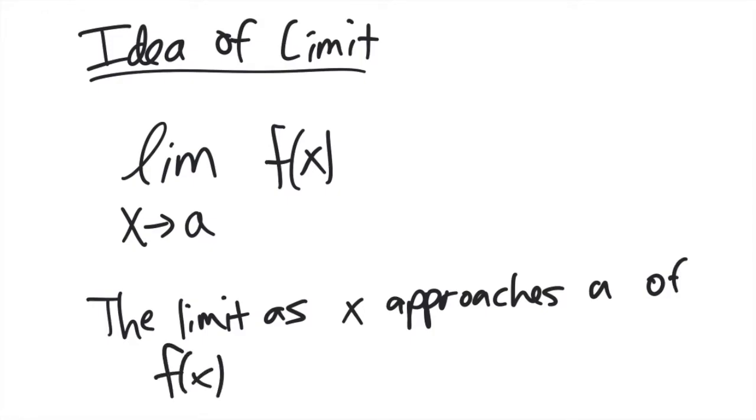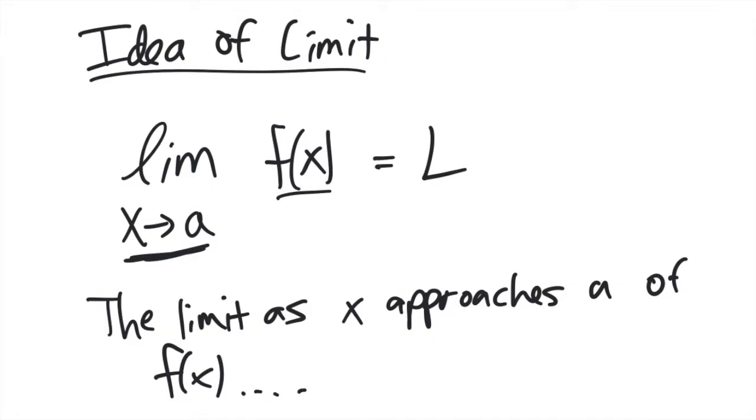And the way to think about this, and it's probably going to be equal to something, for now we'll just say equals L. The idea of what this is saying is that as x is getting really, really close to some number that we know about, what is happening to f of x? What is f of x getting really, really close to?